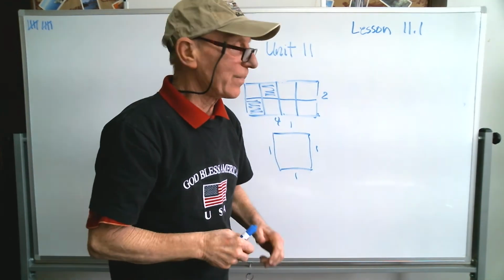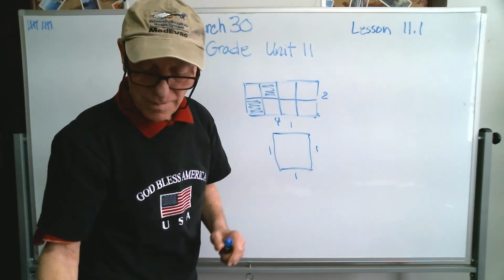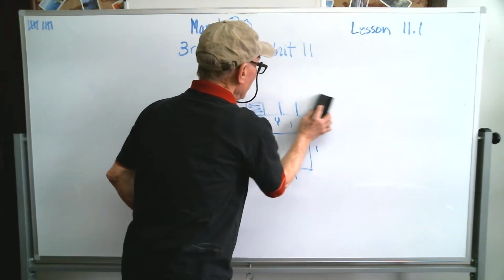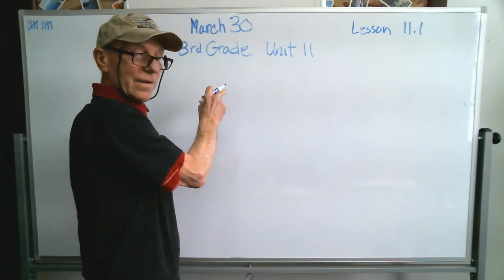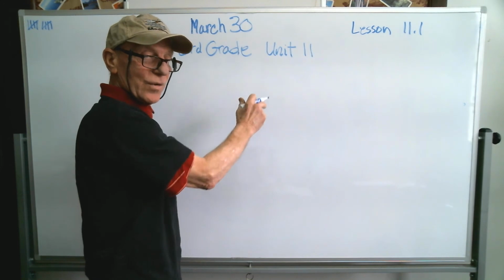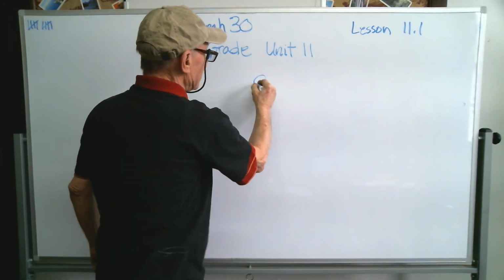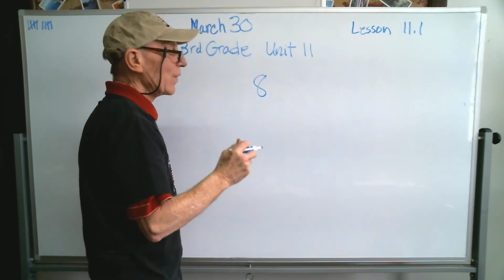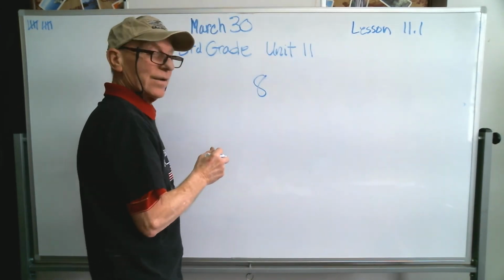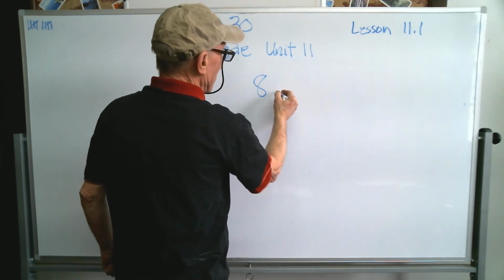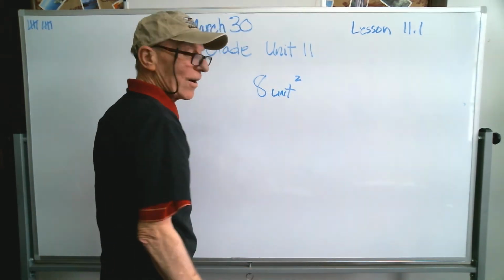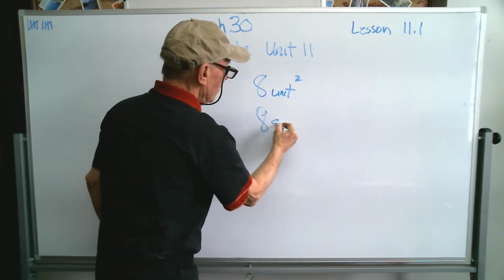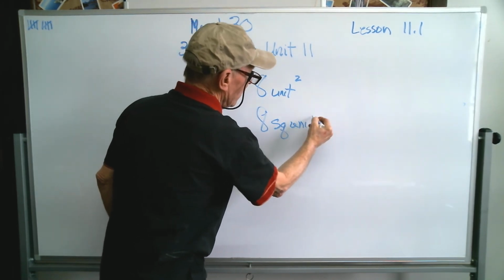Unit square. Now, unit square, think about this. I don't want to confuse you. That illustration of 4 units on one side, 2 on the other. 4 times 2 is 8. And when we label this, we will label it as 8 units squared, or 8 square units.